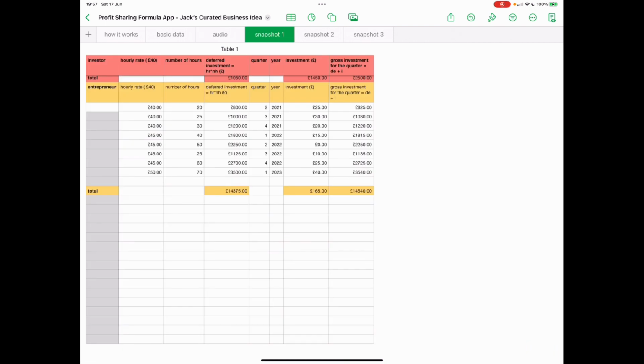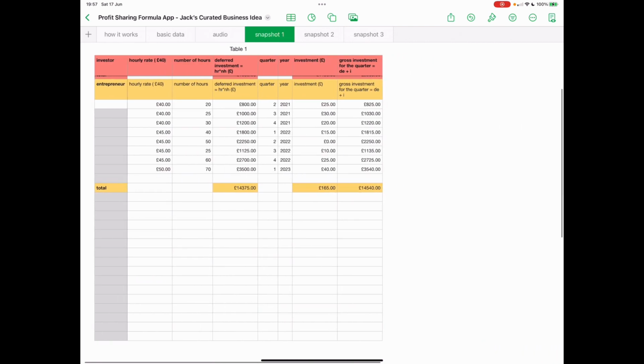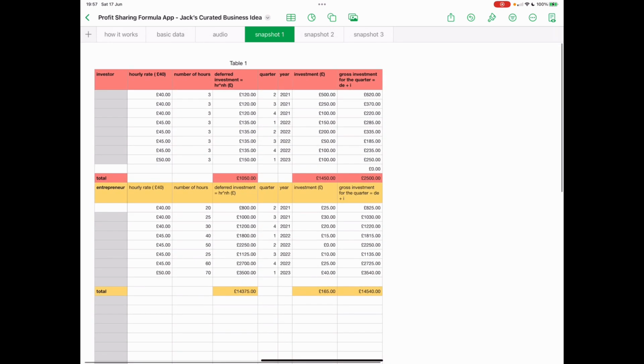Let's look at snapshot 1. Now, in the first column, you have the investors. The hourly rate, like I said earlier, is the same for the investor and the entrepreneur.